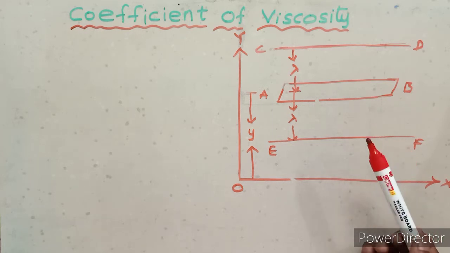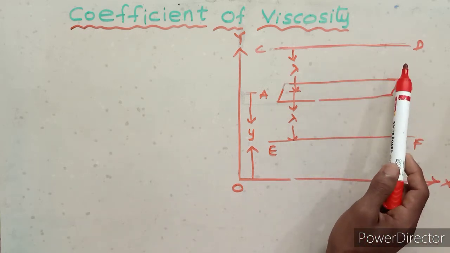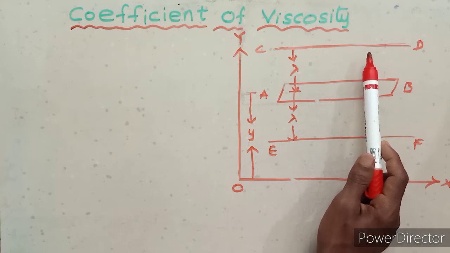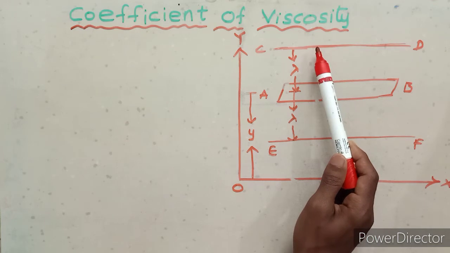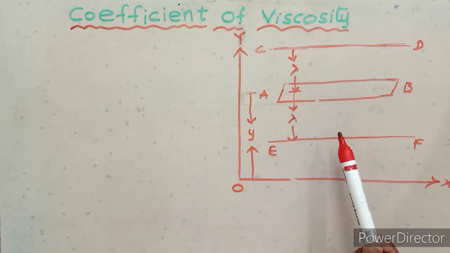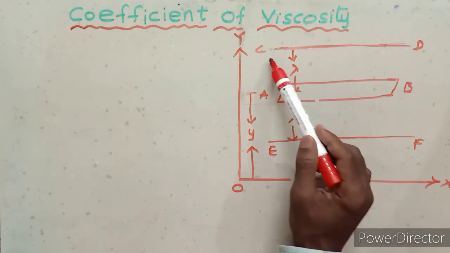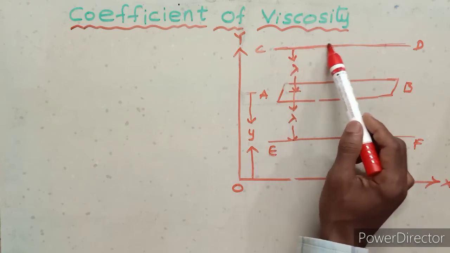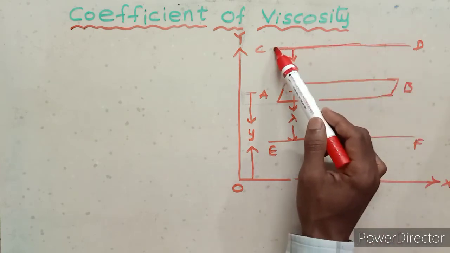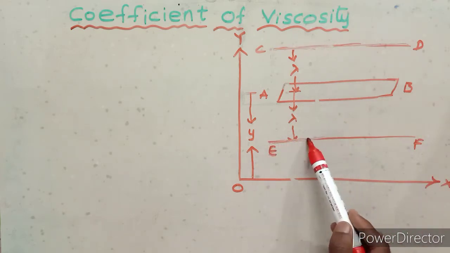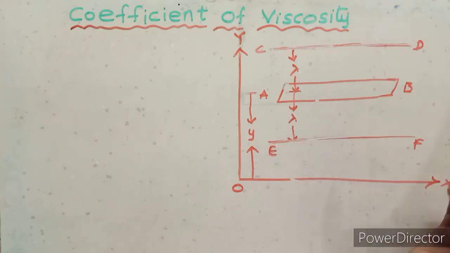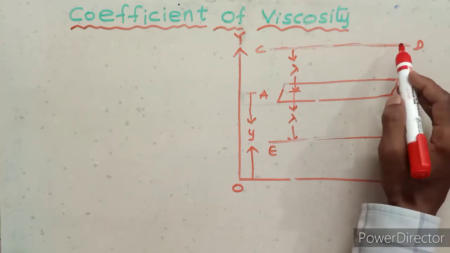So from kinetic theory of gases, the velocity of the molecules in the above layer is greater than in the below layer.